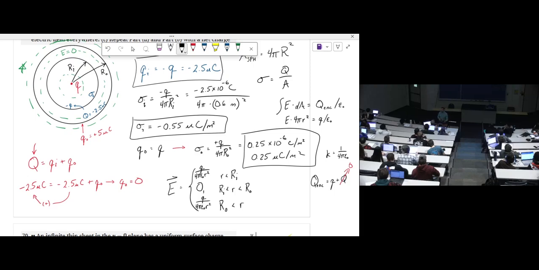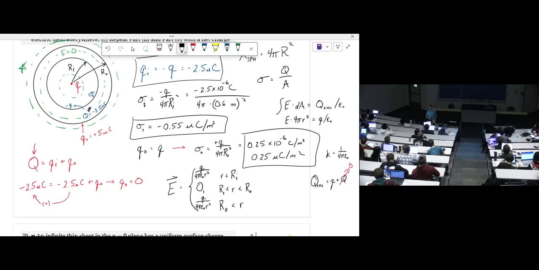Yeah, if it only has a net charge of 0. What if instead it was this case right here, where the conductor had a net charge equal and opposite to the charge in the center?